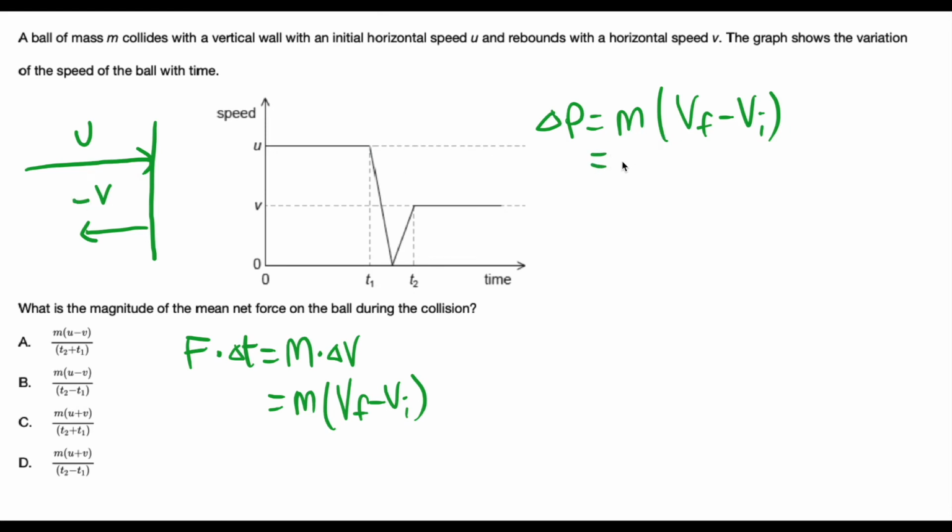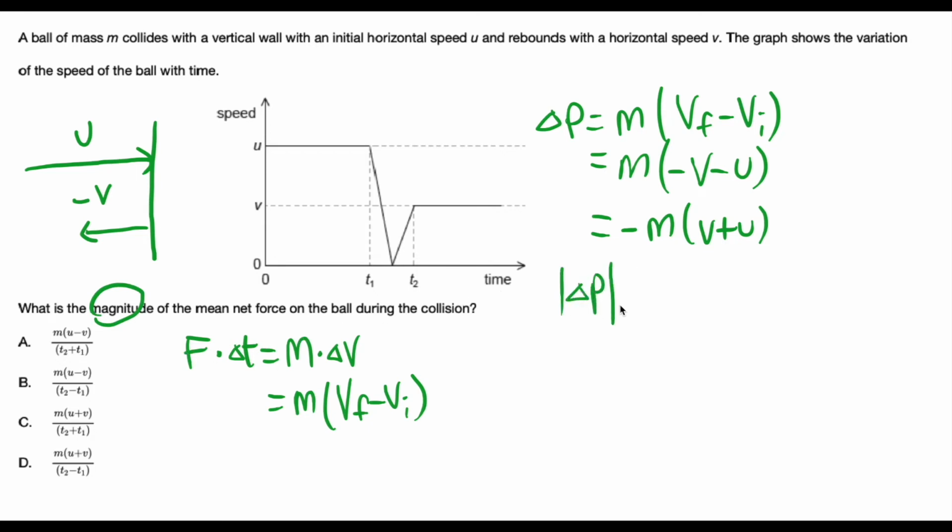So this is going to be equal to m times negative v minus u, which is equal to m times v plus u with a negative sign in front of the equation. But since we are talking about the magnitude of the mean net force, we are going to take the absolute value of this quantity, which is equal to m times v plus u.